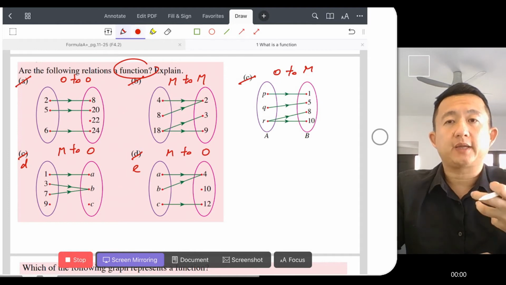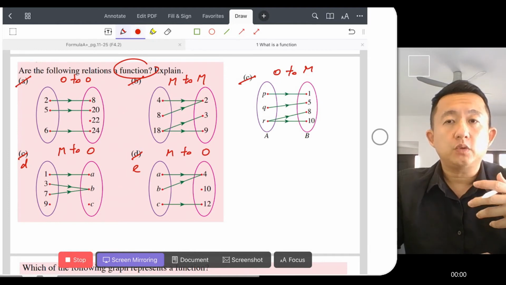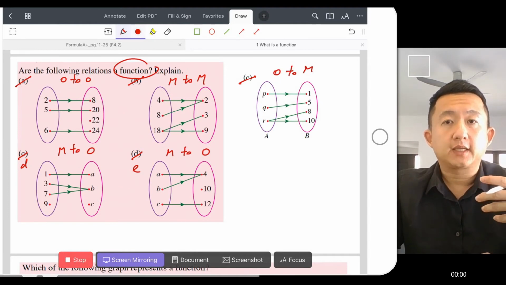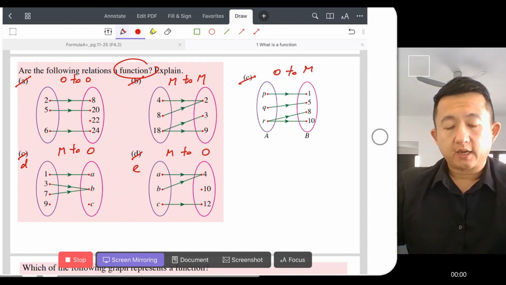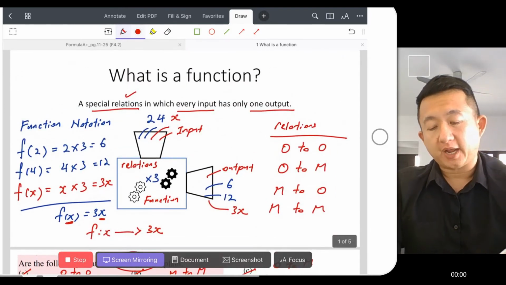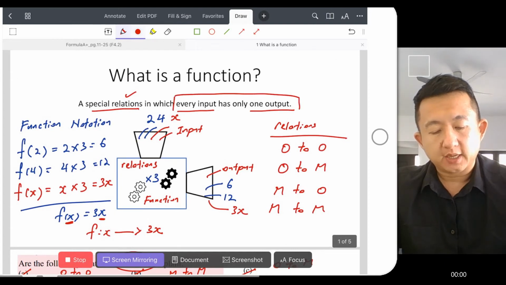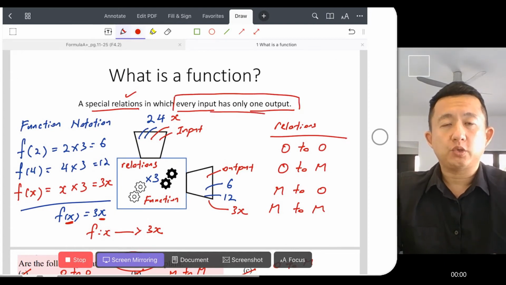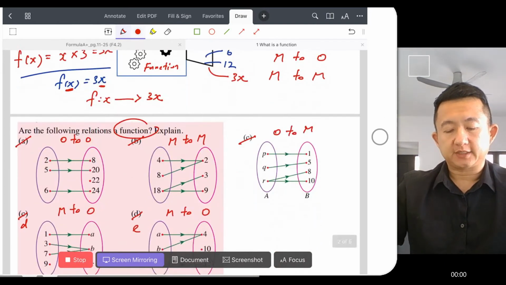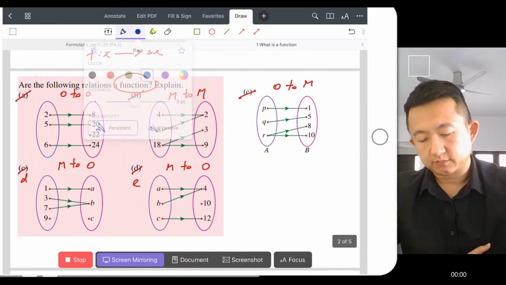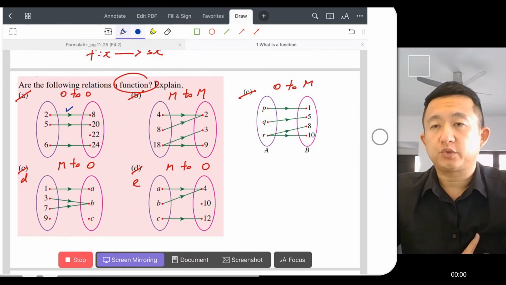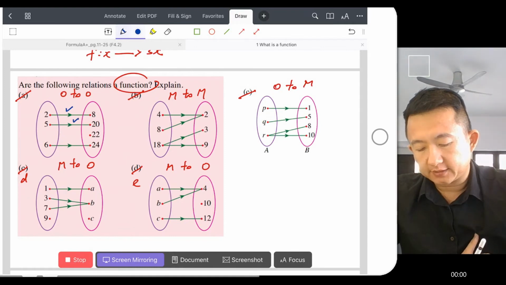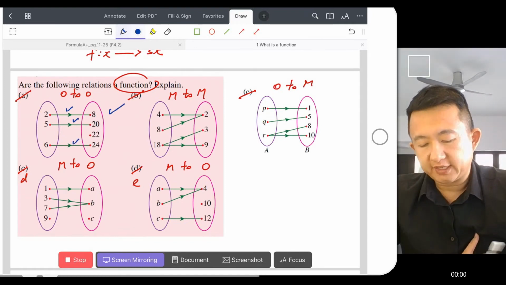So how do we decide? Based on the rule, every input has only one output. We check and see. Every input has only one output? Yes, yes, yes. So this one, yes, function.